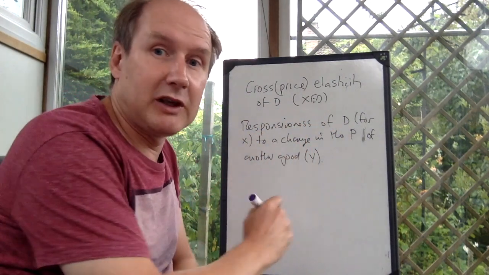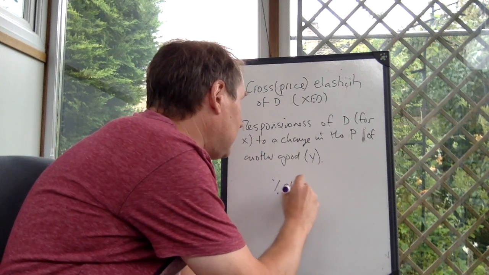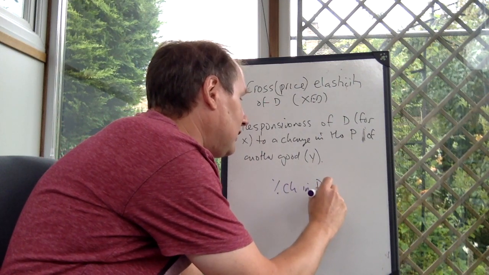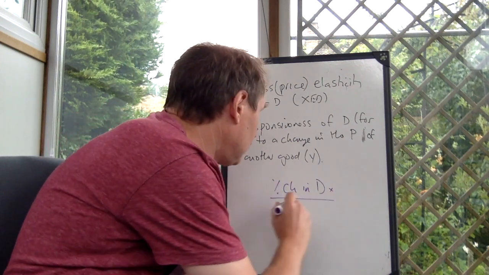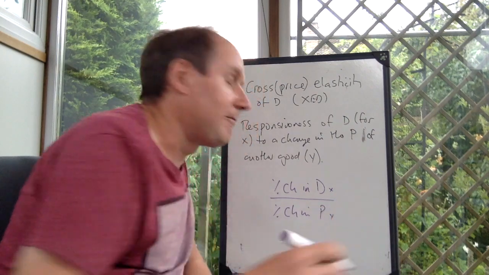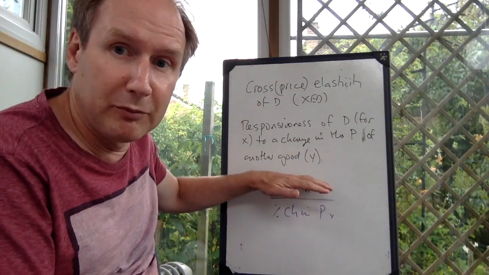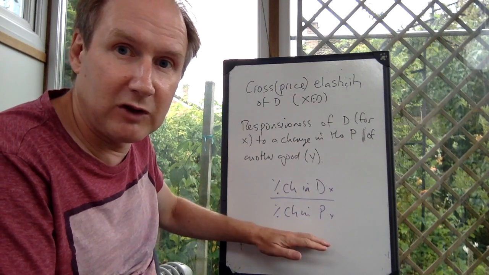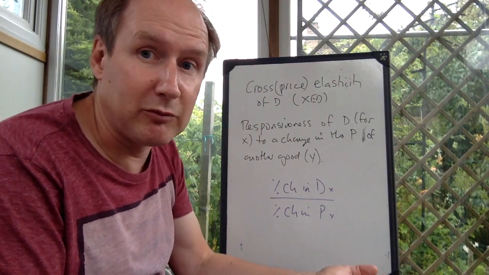In formula terms, it works the same way as all the other formulae. It's the percentage change in the demand, in this case, for one product, like X, divided by the percentage change in the price of Y. And again, it can be elastic if demand changes more than proportionally following a change in the price of the other good, and it will be inelastic if demand changes less than proportionally.